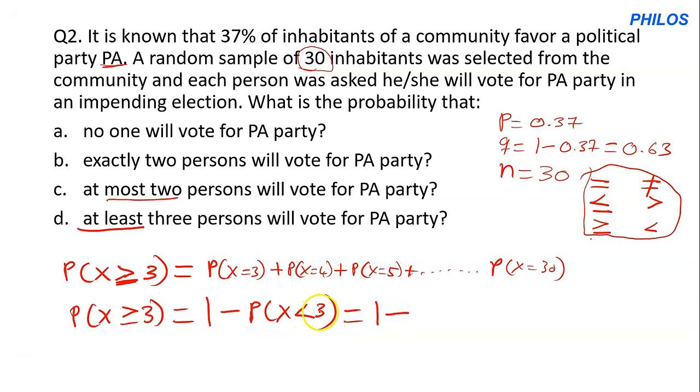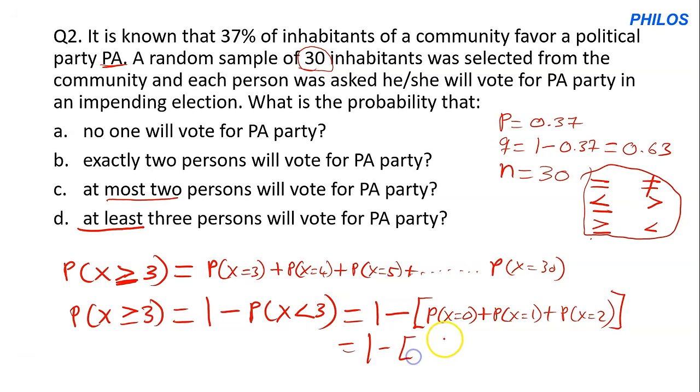X less than 3 means from 0 to 2. Okay, less than 3, not less than or equal to 3, but less than 3. So it means you open a bracket, probability that x is exactly 0 plus probability that x is exactly 1 plus probability that x is exactly 2. So that will give us 1 minus into bracket.